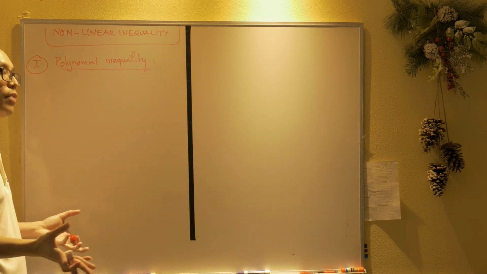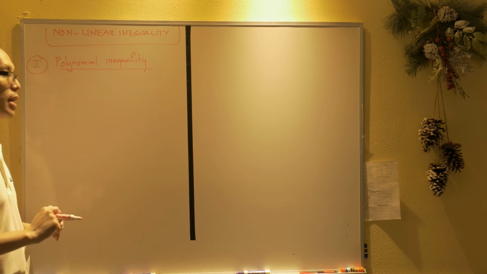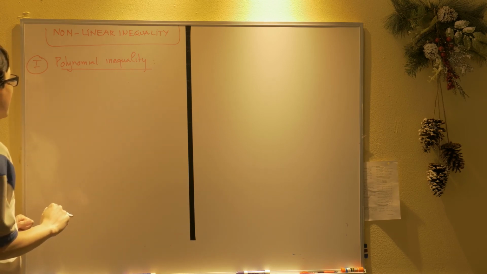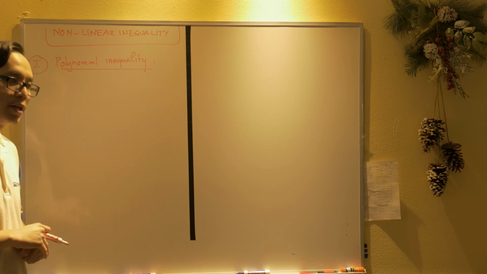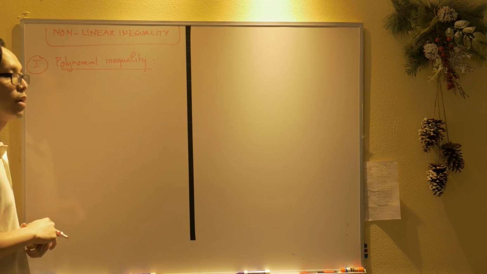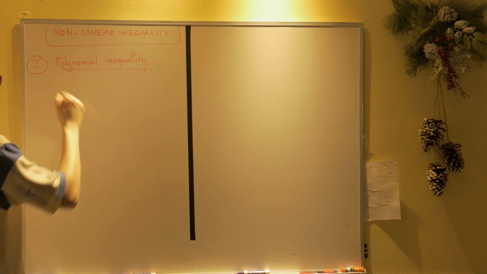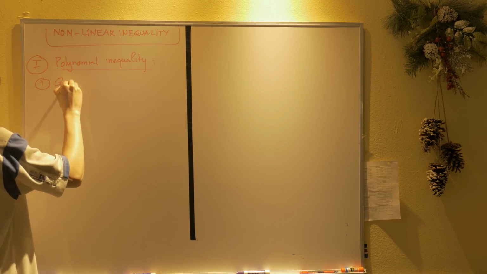And we have two different methods to solve quadratic inequality, as well as to solve polynomial inequality. The first method is we use the graph of the quadratic function. So first of all, a graphical method.